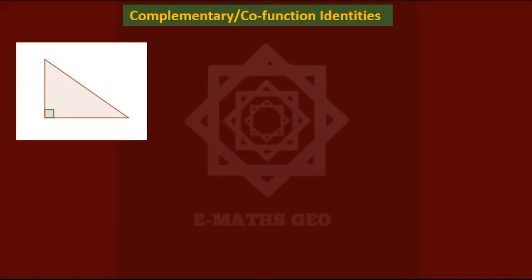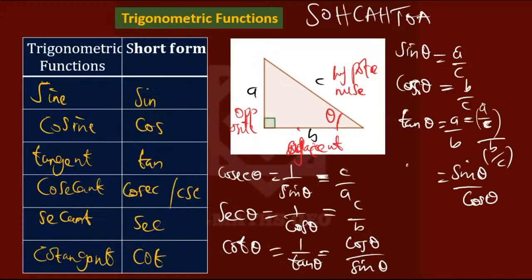Okay, before now, let's go back. Before now, we know that assuming you have a triangle ABC with this angle theta, from this acronym SOH CAH TOA, we got this.